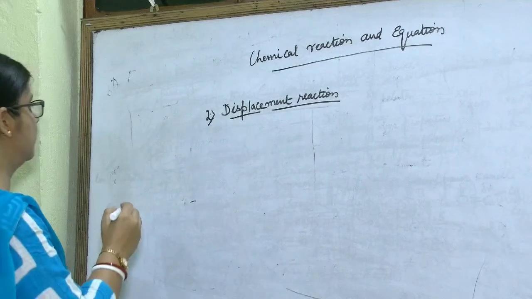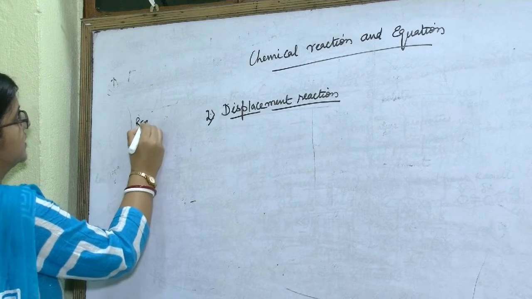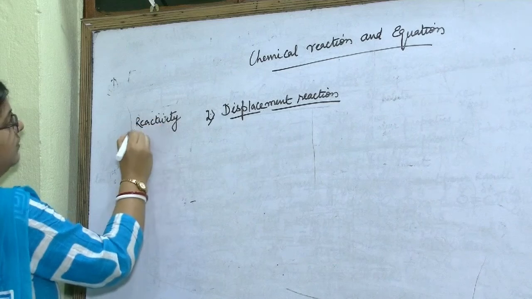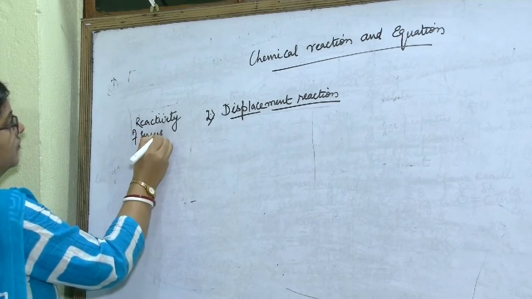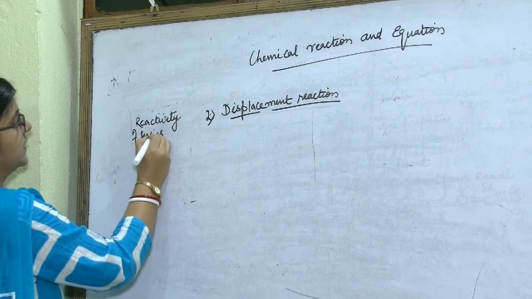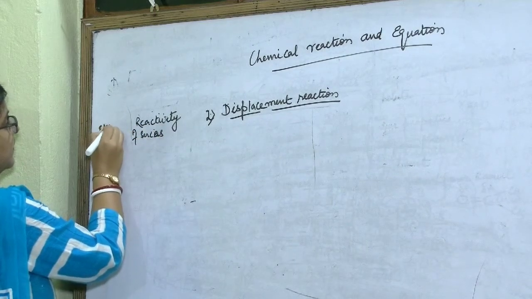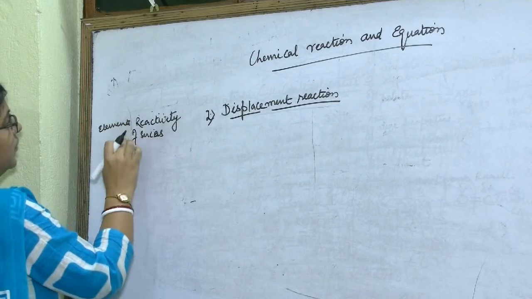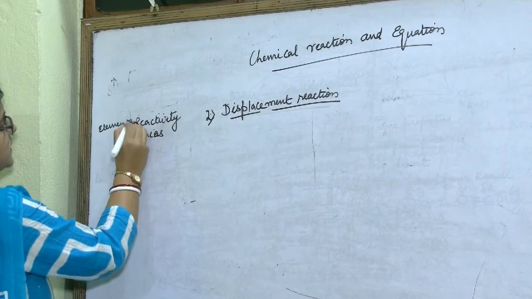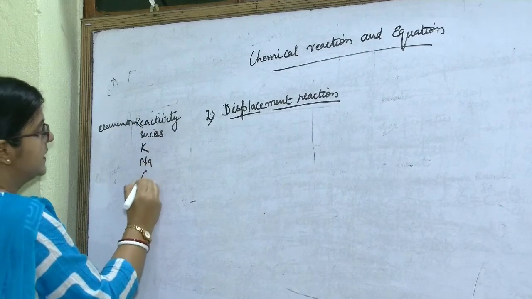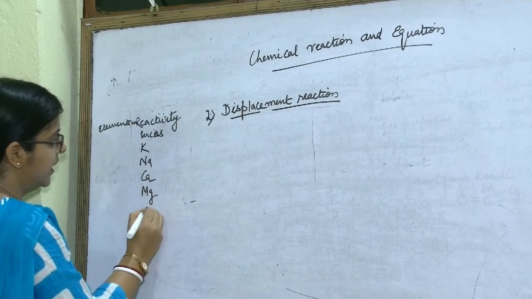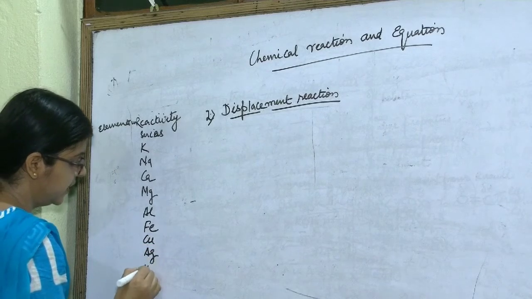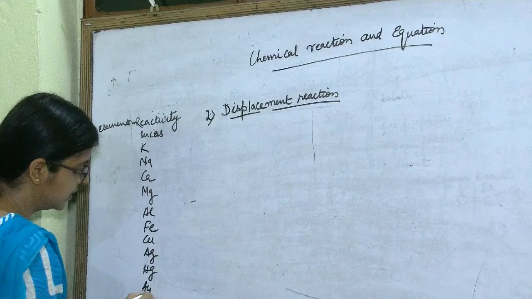I am writing some of the elements in the reactivity series: K, Na, Ca, Mg, Al, Fe, then Cu, then Ag, Hg, Au, Pt.